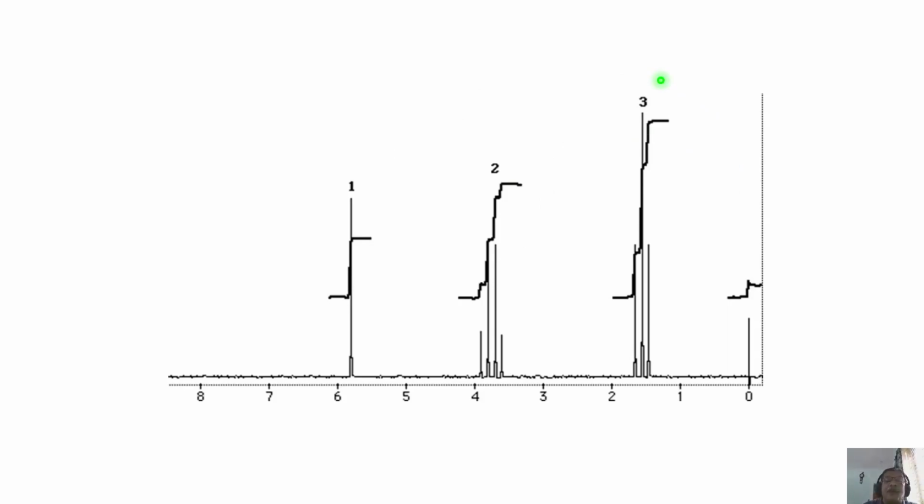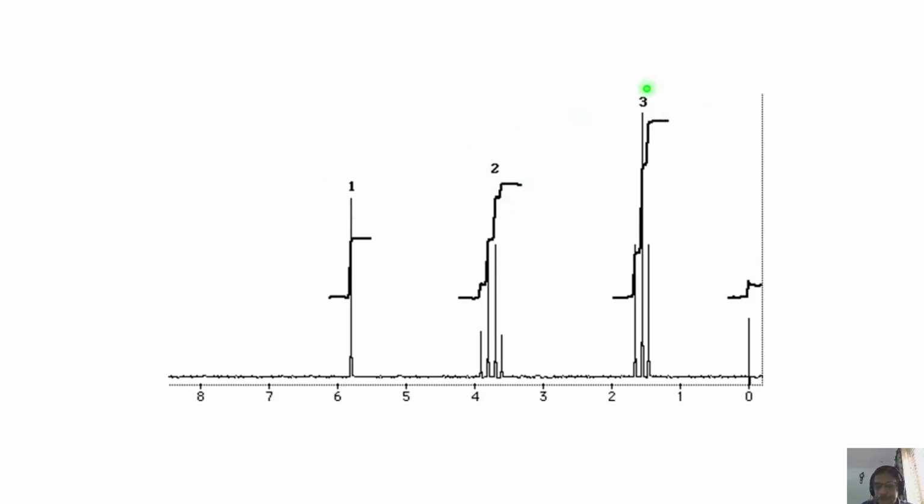It could be multiples, for example 2, 4, 6. That's also allowed. The ratio of the multiplicity of these three groups of peaks is 1:2:3. Consider the ratio of this proton to this proton to this proton as 1:2:3, because this can be CH2, this can be 4 protons, this can be 6 protons.